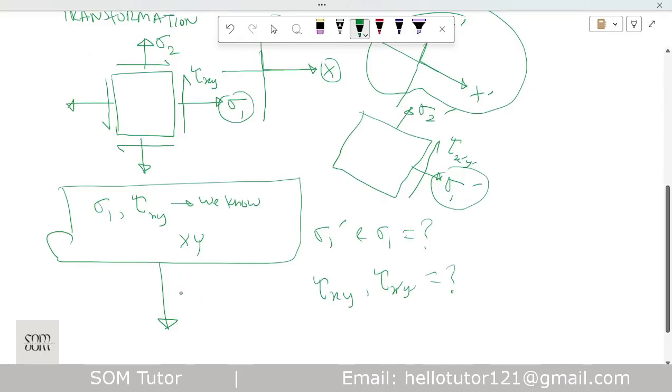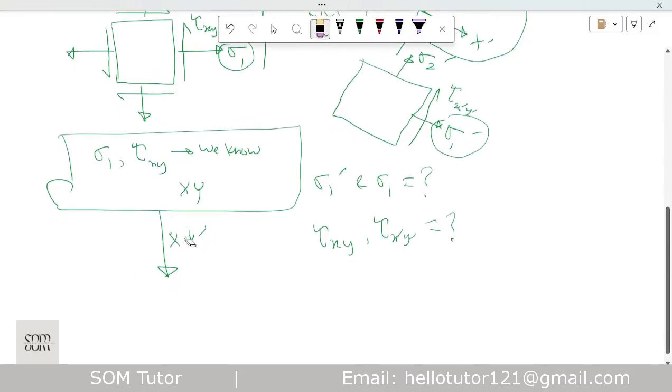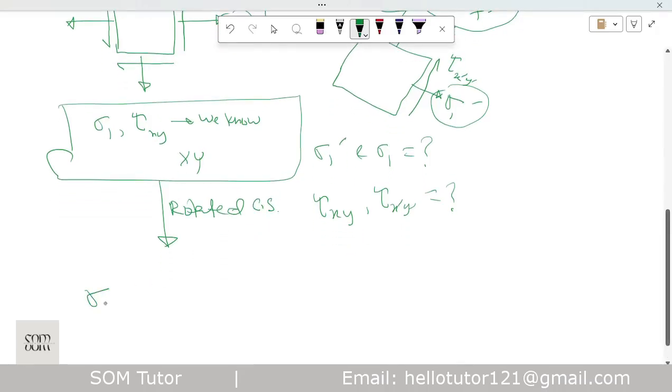Now let us say we have rotated it, and we got x dash y dash. We have rotated the coordinate system. So we got sigma 1 prime and tau x prime y prime, but in the x prime y prime coordinate system.